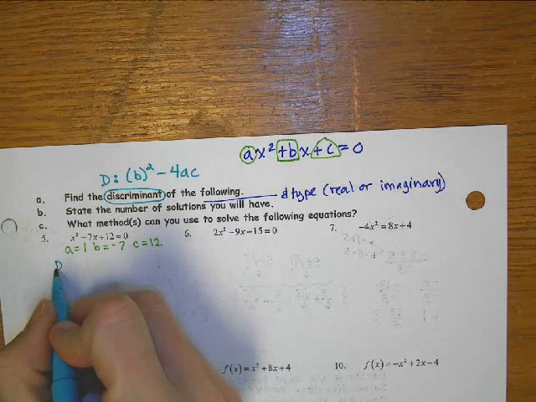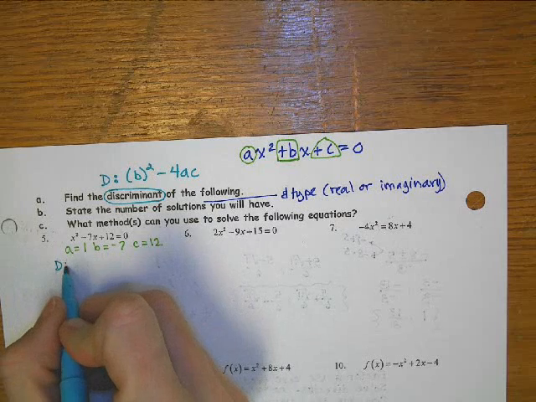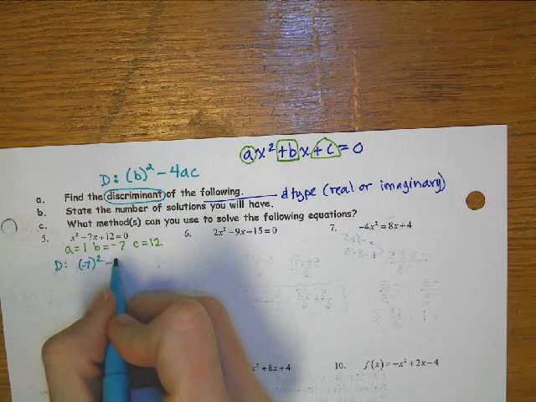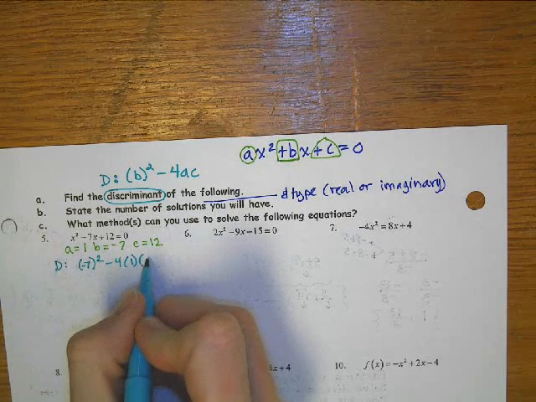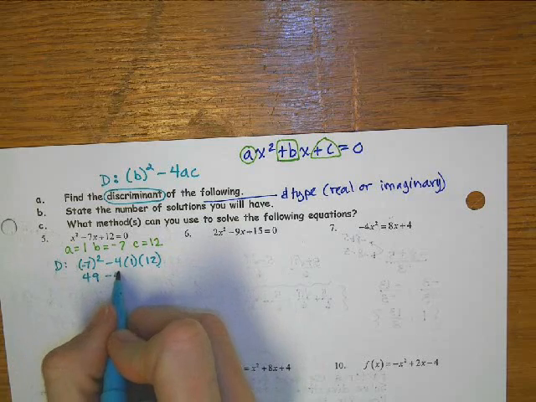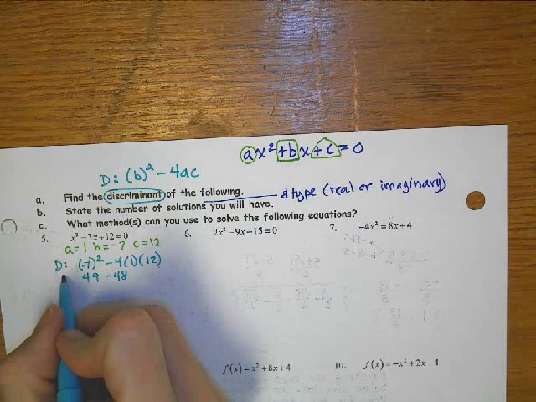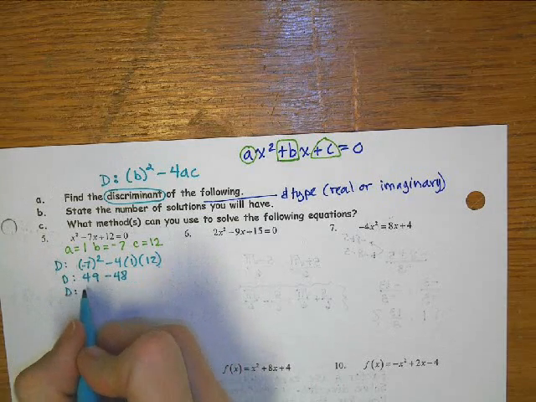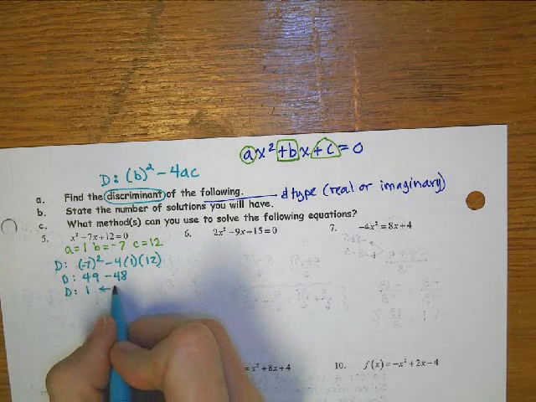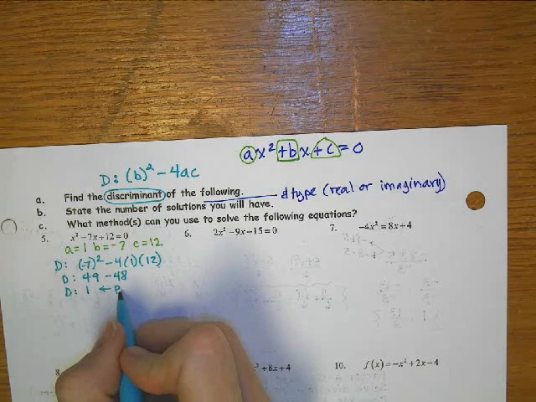The discriminant is b, which is -7 squared, minus 4ac. That would be 49 minus 48, which is 1. Now, 1 is unique. 1 is a perfect square, which I'm going to abbreviate P.S.